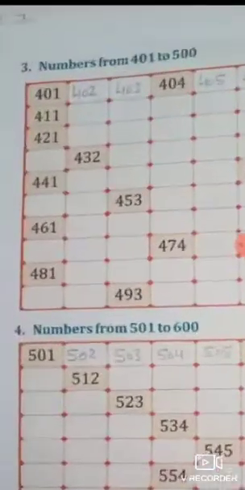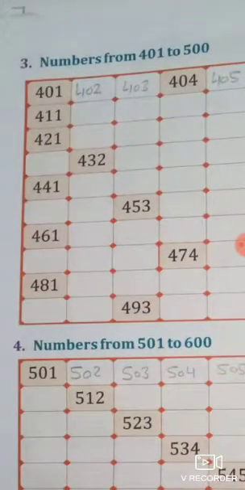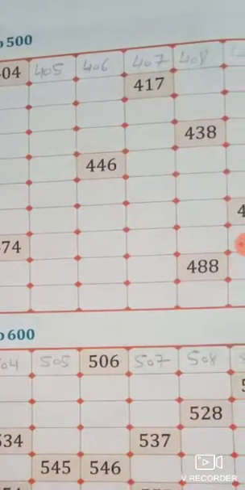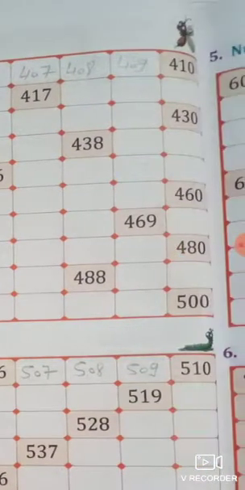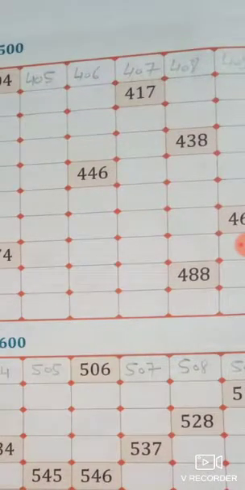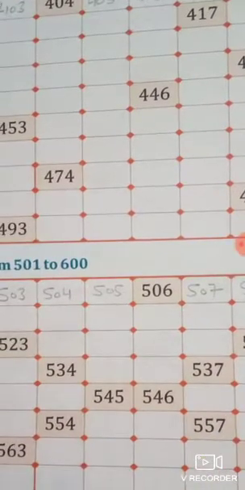Question number 3, numbers from 401 to 500. 401, 402, 403, 404, 405, 406, 407, 408, 409, 410 and so on. So you can fill it very easily. You will fill the rest of the blanks yourself.